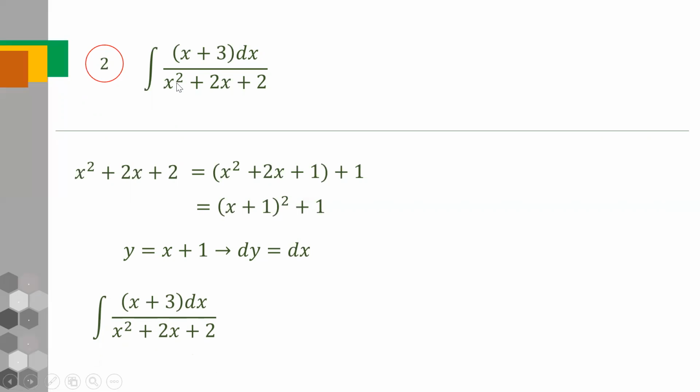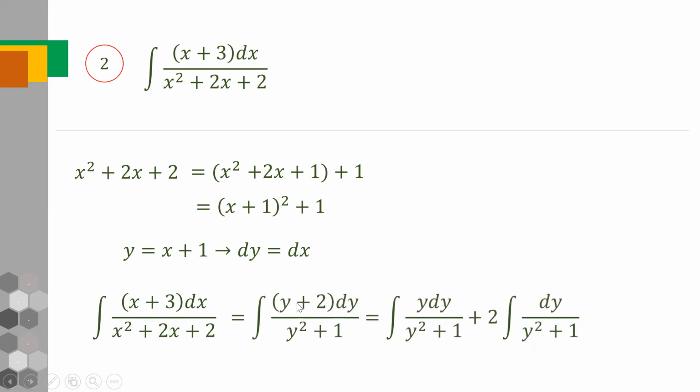For the denominator x squared plus 2x plus 2, this will become y squared plus 1. After we substitute this form, the integral of x plus 3 dx over x squared plus 2x plus 2 is just equal to the integral of y plus 2 dy all over y squared plus 1, which we can break into 2 integrals.